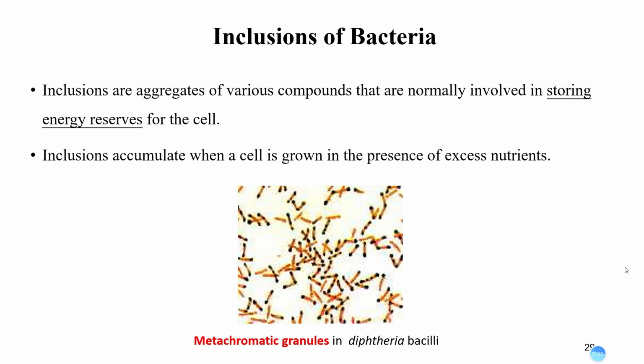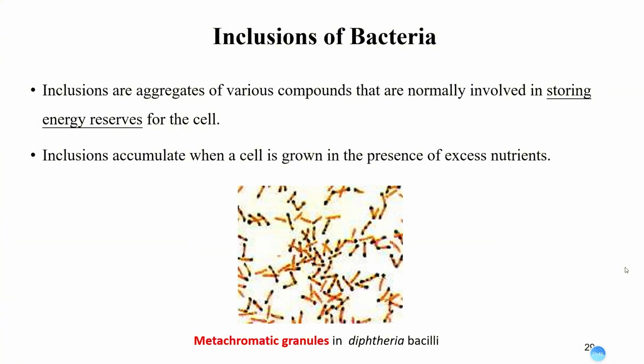This contains a lot of phosphate groups in it, and the bacteria can utilize the inclusion body as energy storage, so that when necessary, the cell can use this inclusion body to get extra energy.